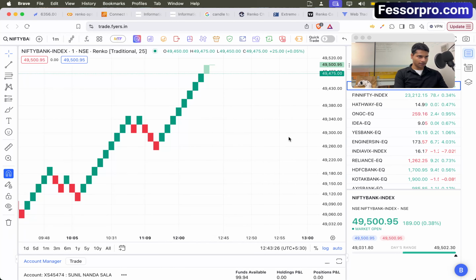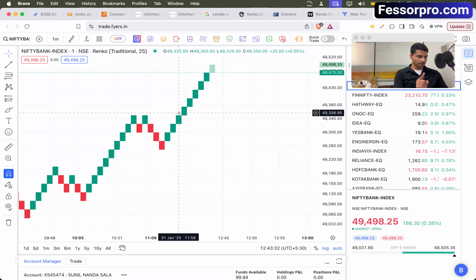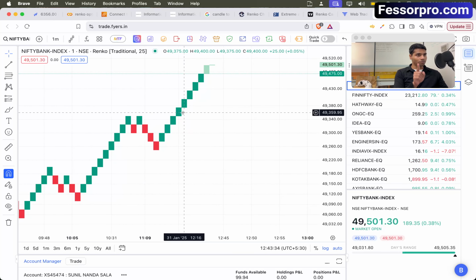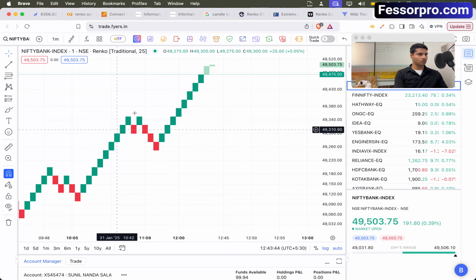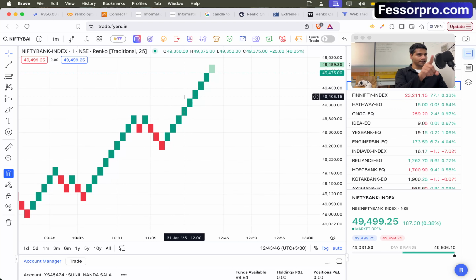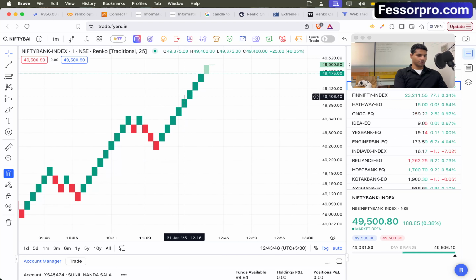Let's take a look at a green brick. See here, you can see open, high, low, close. I want you to notice that when I hover on a green brick, my open and my low is the same.